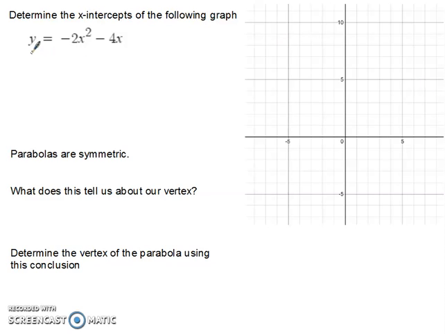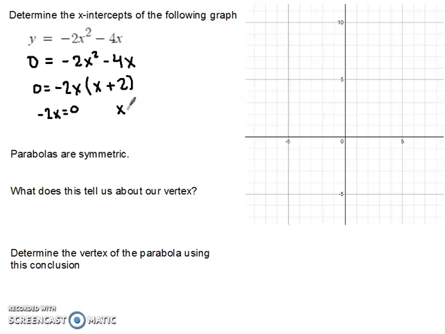To find x-intercepts, I'm going to go ahead and let y equal 0. And then since we are dealing with a quadratic, I'm going to need to factor. So 0 equals, I can take out a negative 2x, leaving me with positive x plus 2. So my two equations are negative 2x could equal 0, or x plus 2 could equal 0.